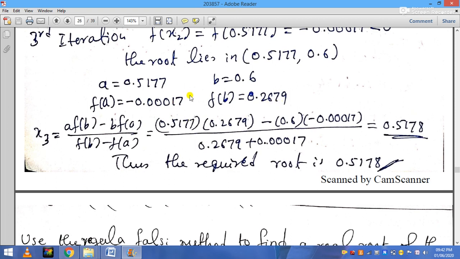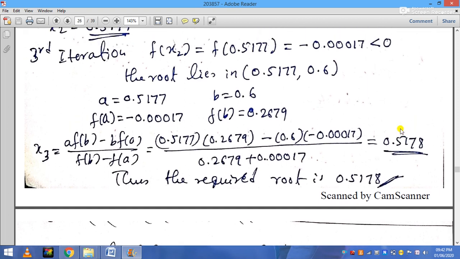So put these four values in the regula falsi method, that is x3 is equal to a into f of b minus b into f of a divided by f of b minus f of a. Here 3 denotes the third iteration. So put the values, and on simplifying, we get 0.5178.